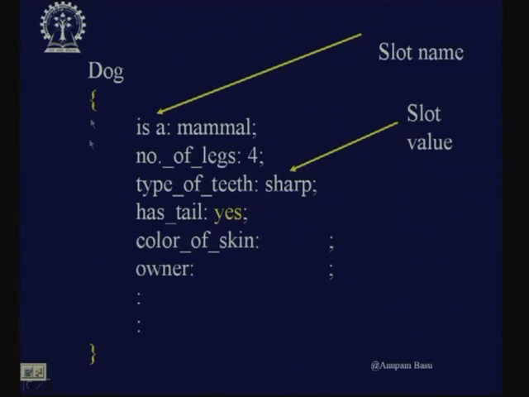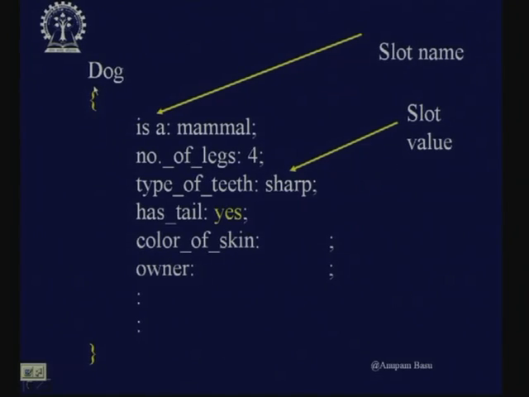What are these attributes? Number of legs, type of teeth, has tail, color of skin, owner, etc. Okay. Now, these slots can have values, and the values can be of different types. So, I represent the frame or the concept, the frame representing the concept dog as a set of attributes.